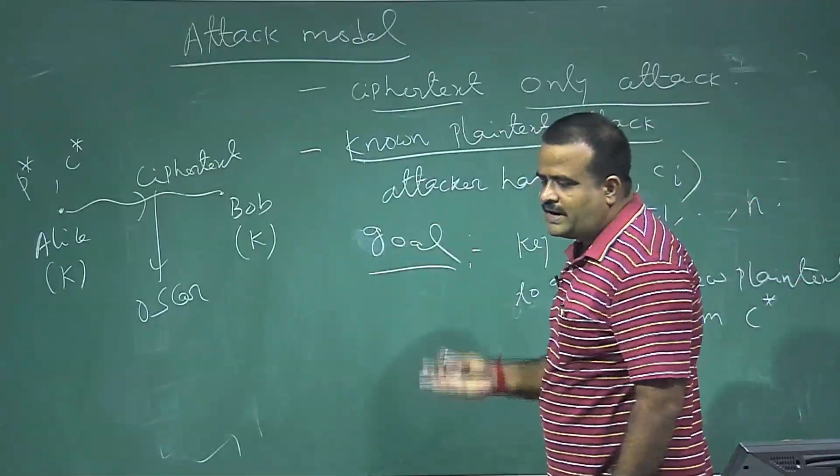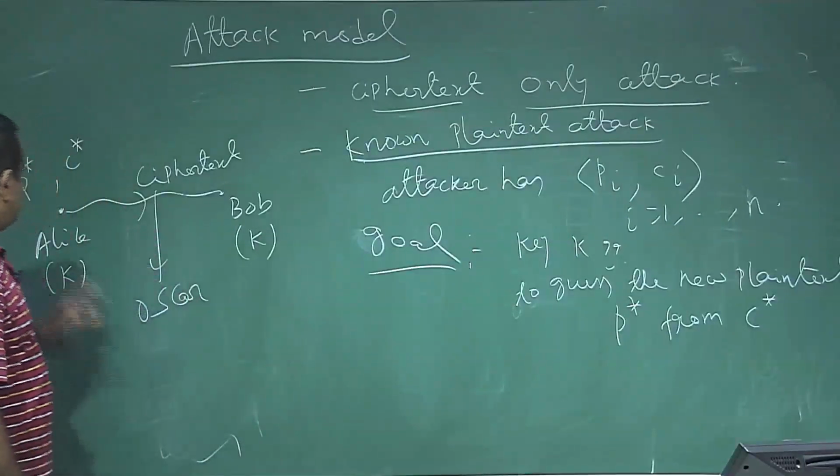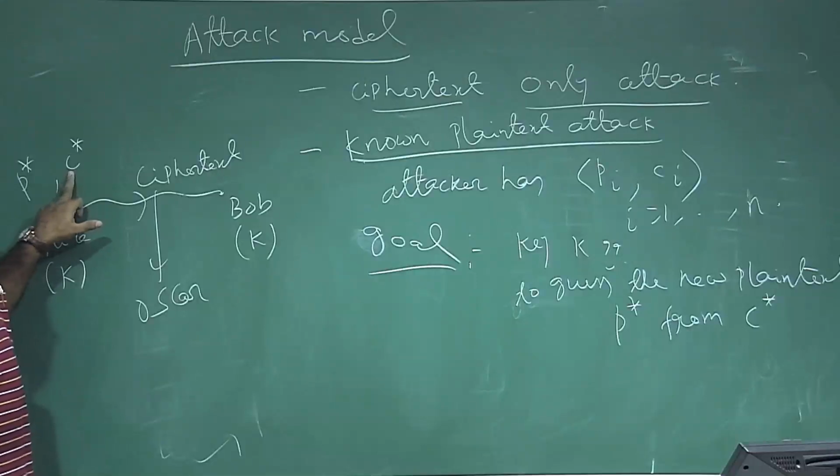This is the current plain message they are communicating. The current message is P star and the corresponding ciphertext is C star.